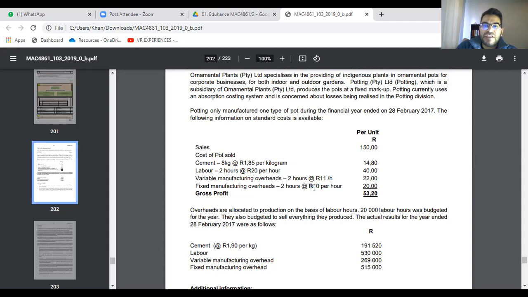So we have the fixed overhead rate, we have the budgeted activity. So that means we can work out the total budgeted fixed costs. Remember, when it comes to fixed costs, don't forget, you must run through your brain the formula for allocating overheads.